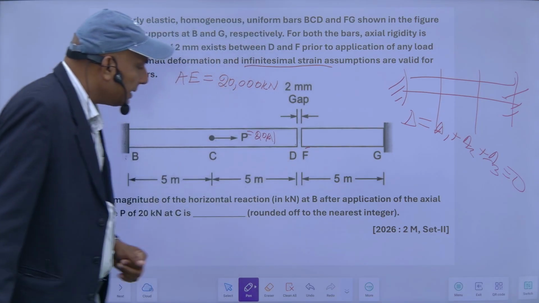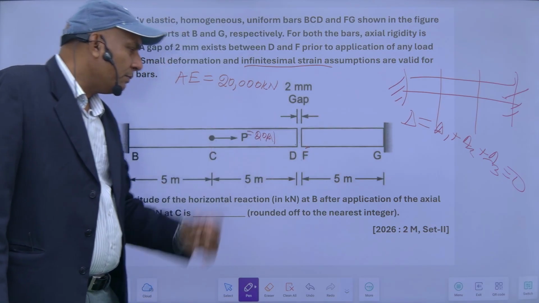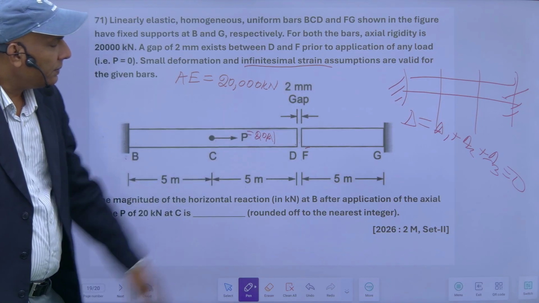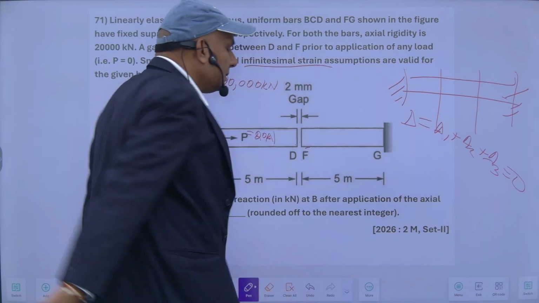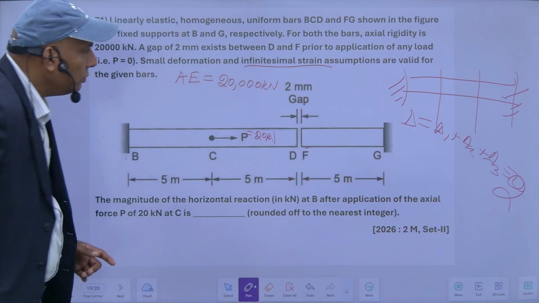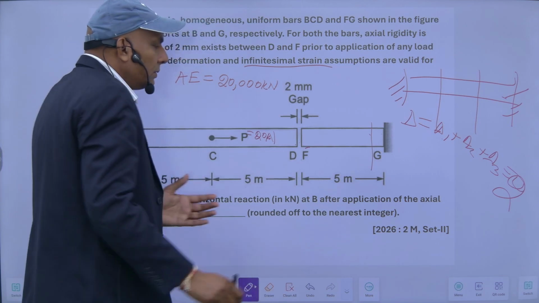But this is not the case. In this case, some amount of displacement is permissible, and how much will this be? This is 2 mm. It means my final delta 1 plus delta 2 plus delta 3 will not be equal to 0. It will be this much, 2 mm. I can also say this is my bar, this is 2 mm, so wherever you can place.